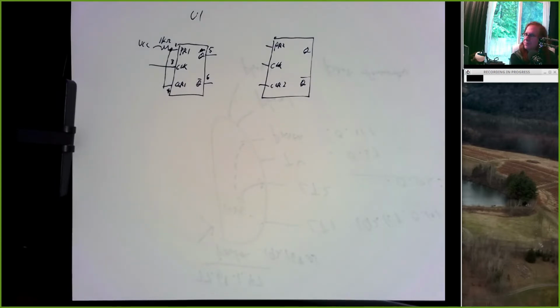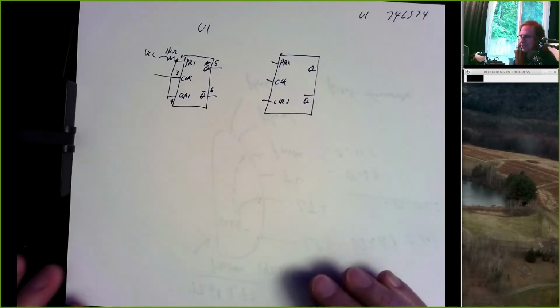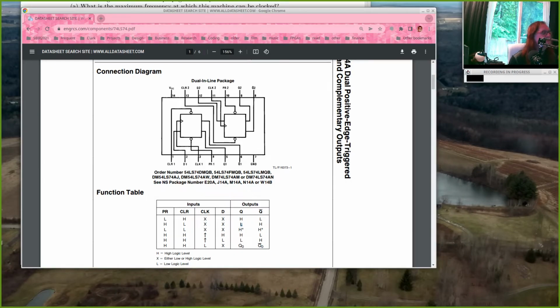I'm working my way to the question of how we actually hook this up, but it's a good place to talk about how we present it in a schematic. The goal of the schematic is to be able to hand it to somebody and they can build the circuit, connecting the right pins to the right wires. So let me fill these in. Clear 2 is 13, preset 2 is 10.